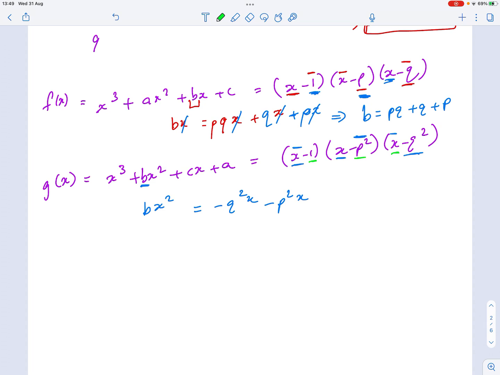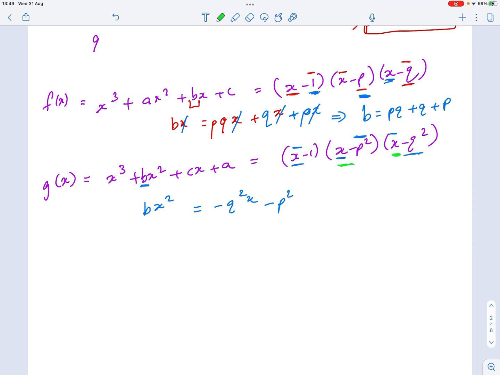Which x did we do? Okay, so we did this x and this x. We haven't done these 2 x's, right?